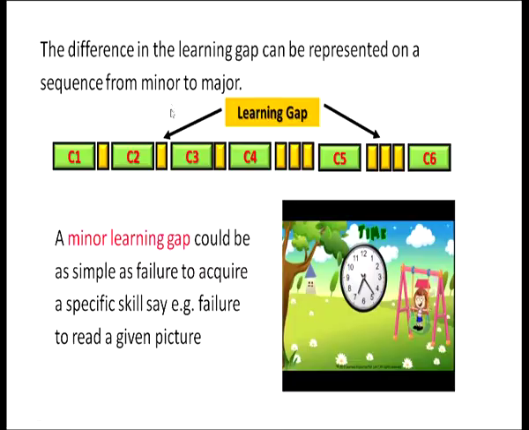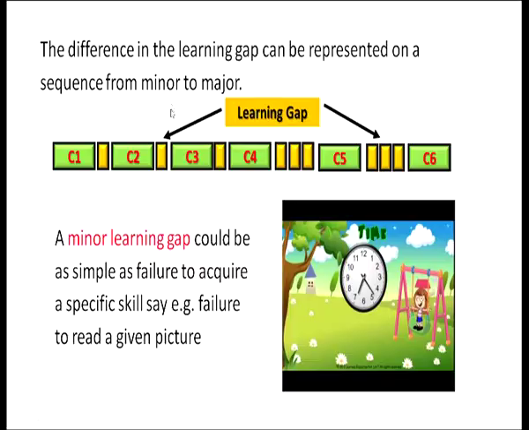They are pieces of content, and in between the content you will see small yellow color blocks. These yellow blocks represent the learning gaps. Between C1 and C2, there is a small gap. Similarly, between C3 and C4, whereas between C4 and C5, the gaps are larger. That means that the learning gaps can be small and they can also be large.